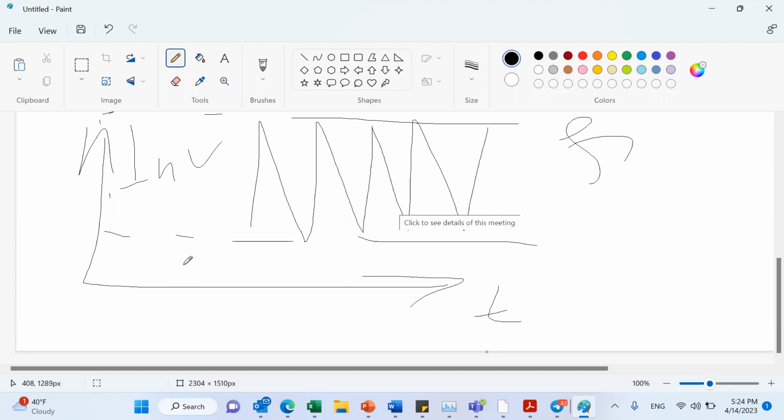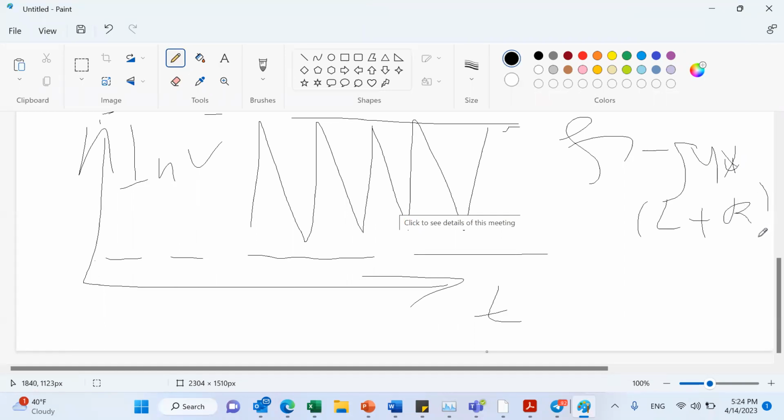And your safety stock would be over here, and your safety stock is your base stock up to level minus your mean demand during the lead time plus review time.